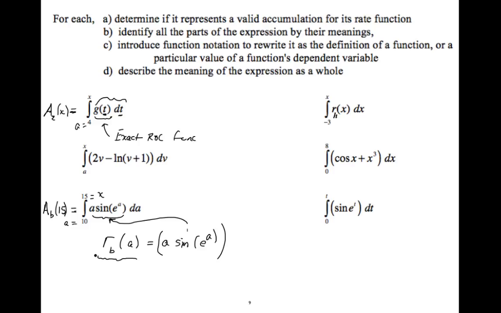So we see this and say, oh, this came from some function that started accumulating at x equals 10 up until x, and then we want to know the amount of accumulation if x were 15. So that would be A sub b of 15, based on A sub b of x being the integral from 10 to x of a sine e to the a dA.